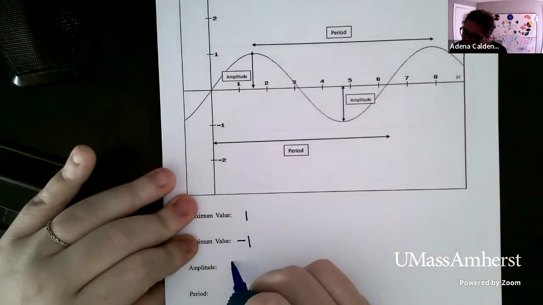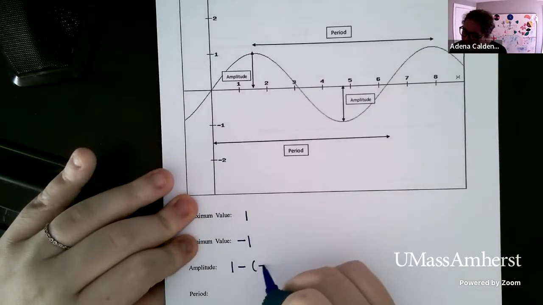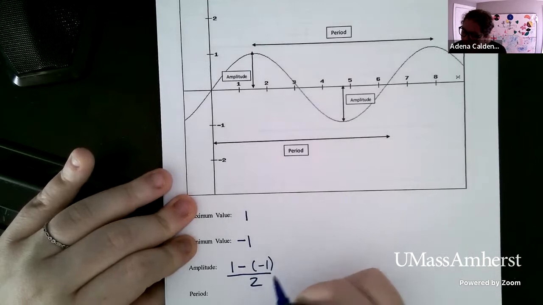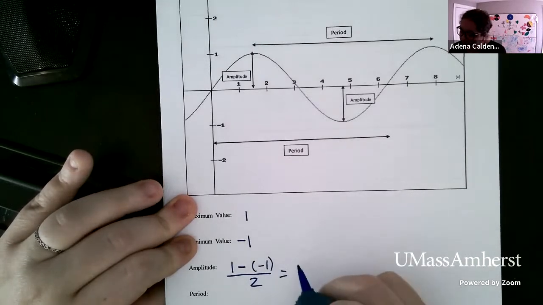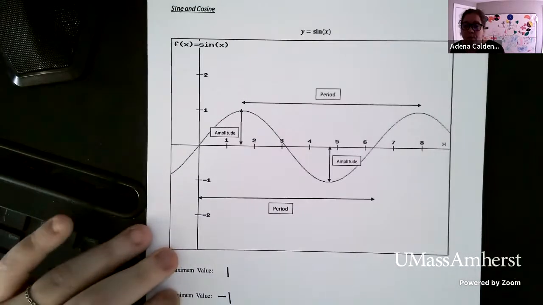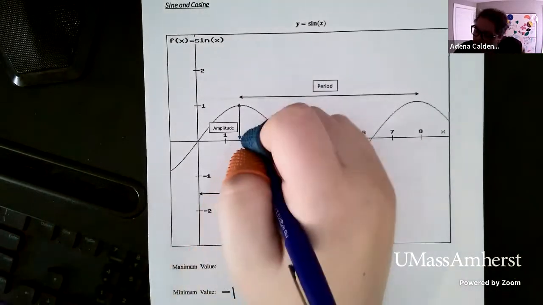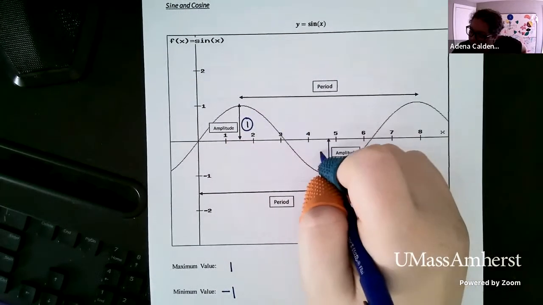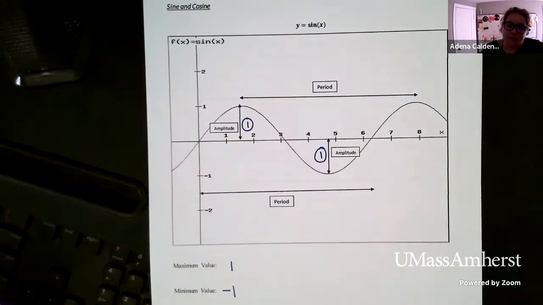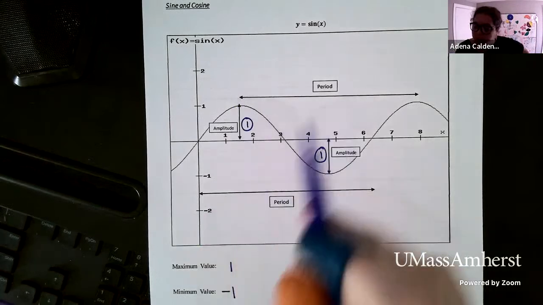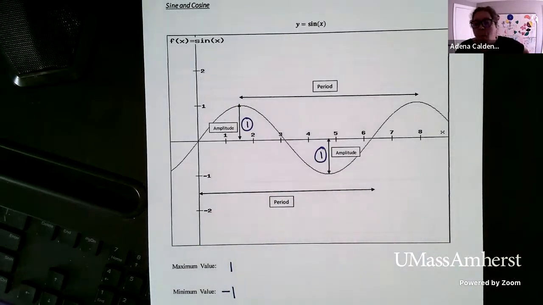So the amplitude for sine x is (1 minus -1) divided by 2. So 1 minus -1 is 2. So the amplitude for any sine function is going to be 1. Okay, so if you have sine x or sine t, right, with nothing else done to it, you know that we vary by 1 from the midline up or down to reach the maximum or minimum.